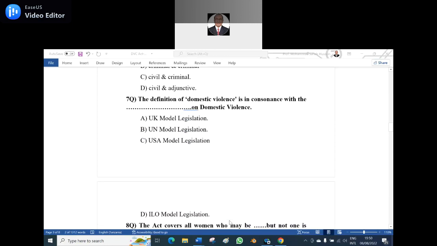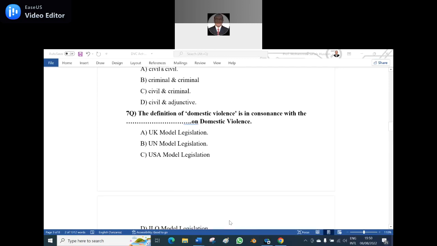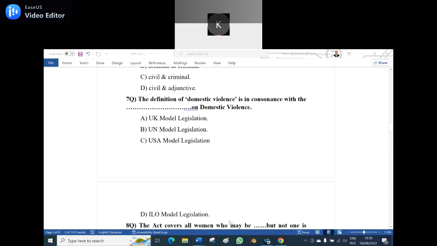Seventh question is, the definition of domestic violence is in consonance with the dash on domestic violence. Option A, UK model legislation. Option B, UN model legislation. Option C, USA model legislation. Option D, ILO model legislation.